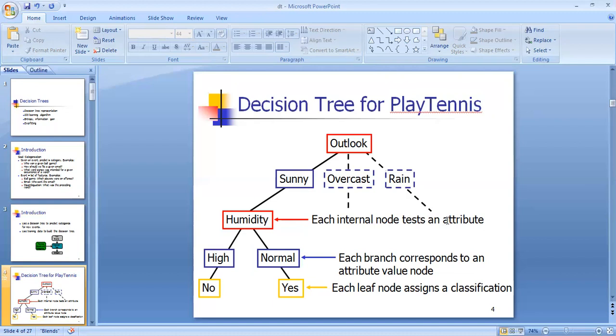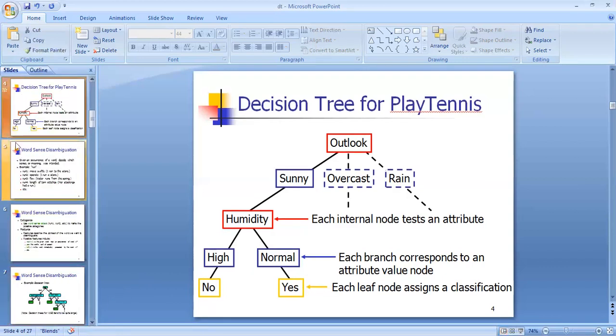Each internal node tests an attribute. If humidity is high, then playing tennis is no. If the humidity is normal, playing tennis is yes. So like this, yes and no will be the prediction.